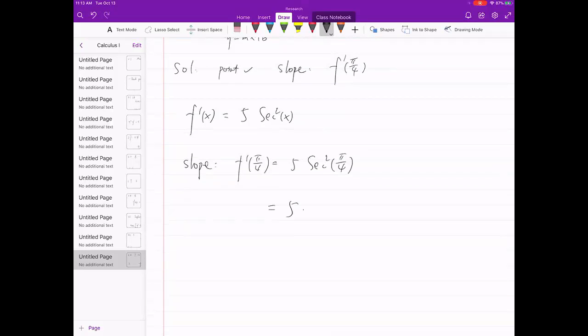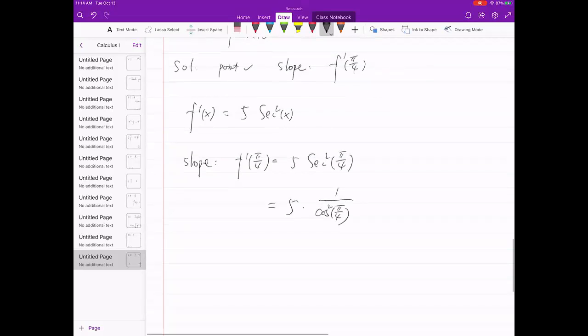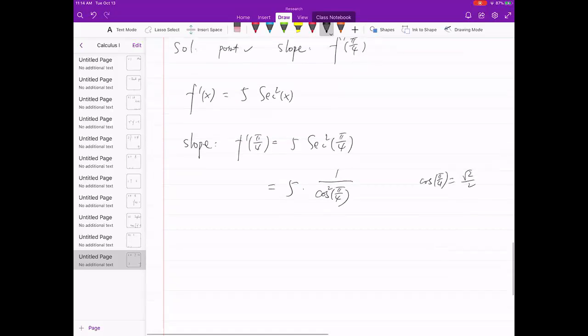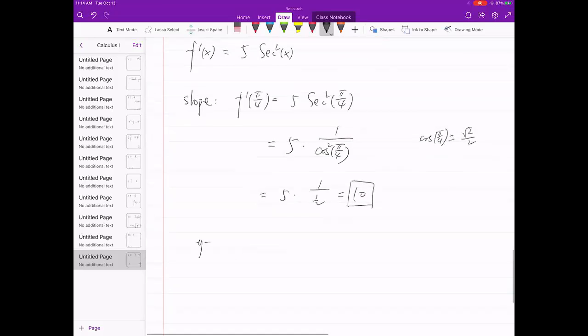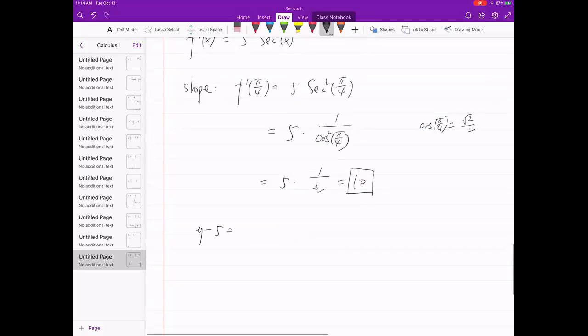What is secant squared pi over 4? What is cosine pi over 4? Square root 2 over 2. Okay. With that in mind, this is 5 times 1 over 1/2, which is 10. So the slope is 10. That will be the tangent line.